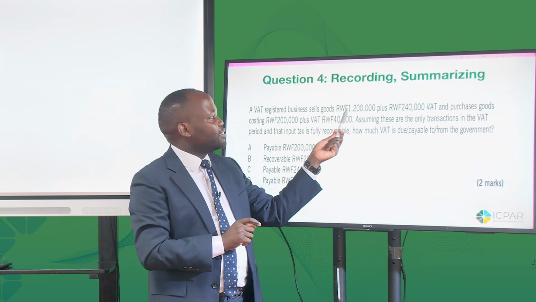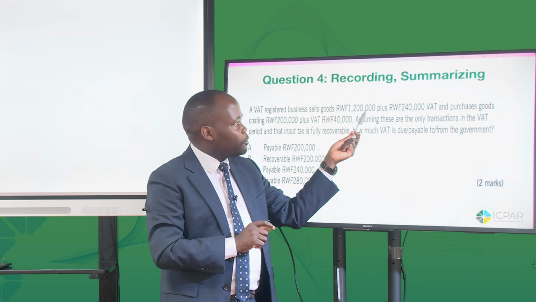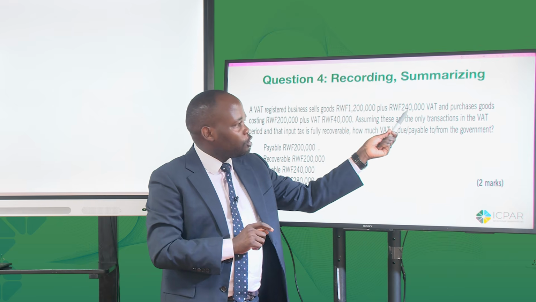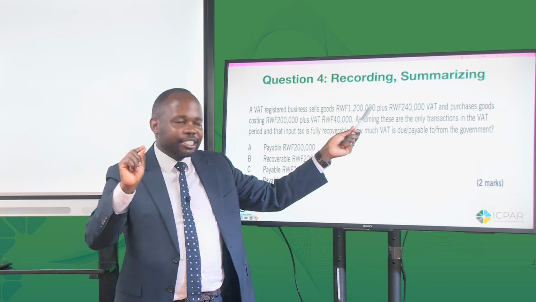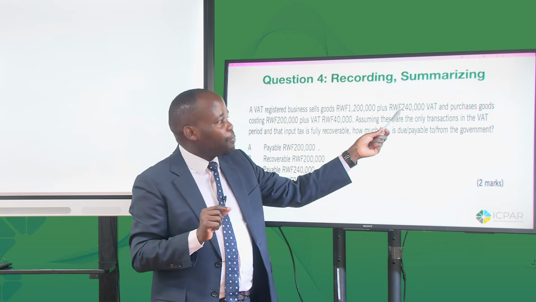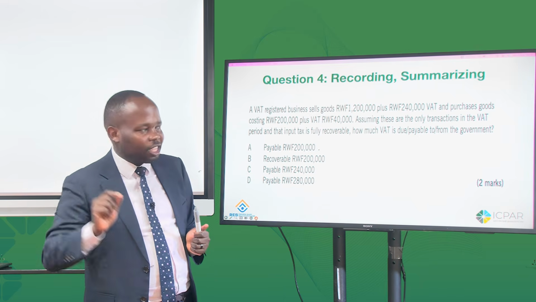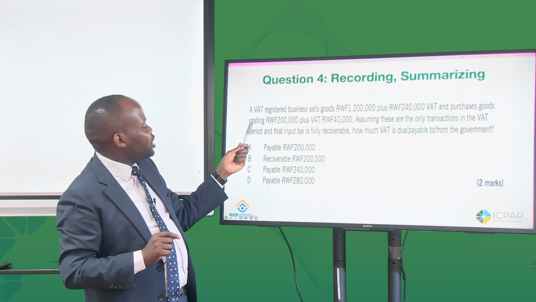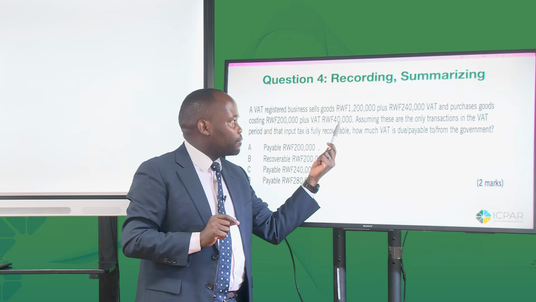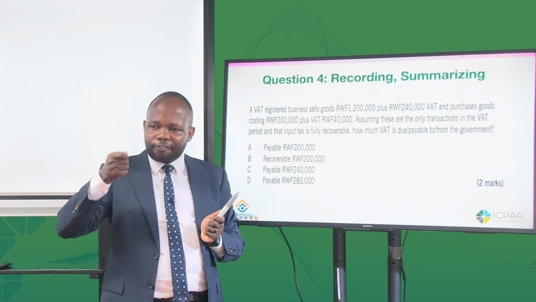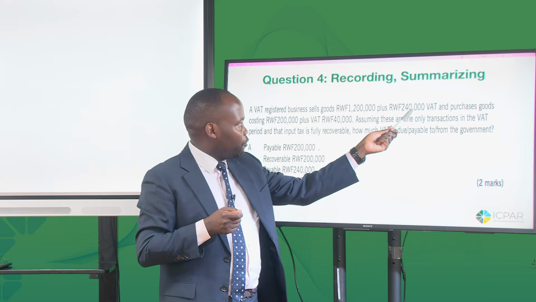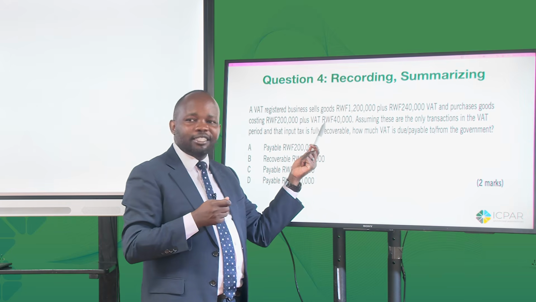In the sales, the amount is 1.2 million and the VAT is 240,000. This is an output VAT. So what we should be paying the government is 240,000. But there is also a purchase with its VAT of 40,000, which the government should be refunding us.